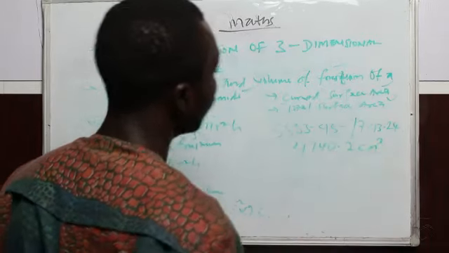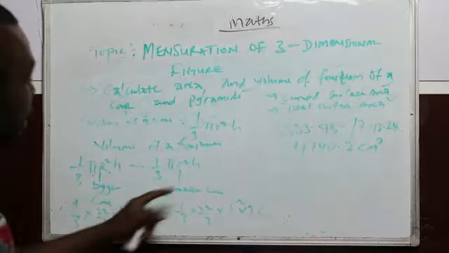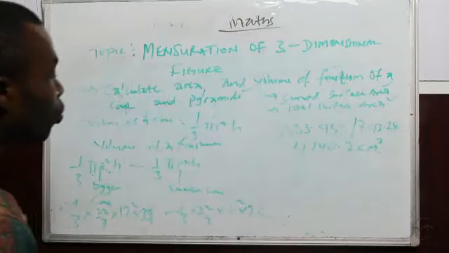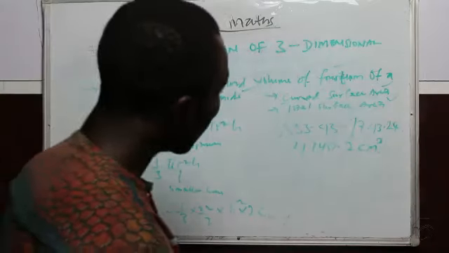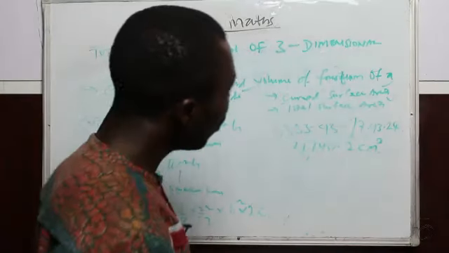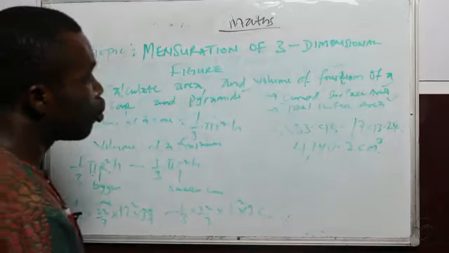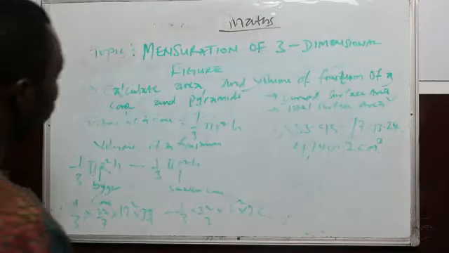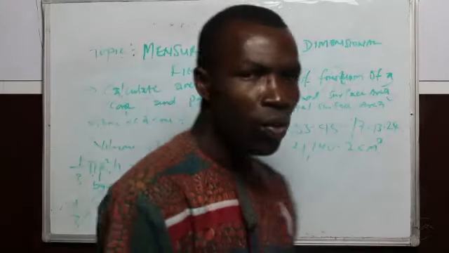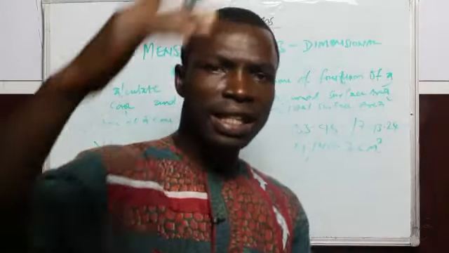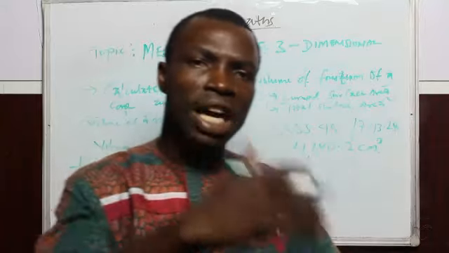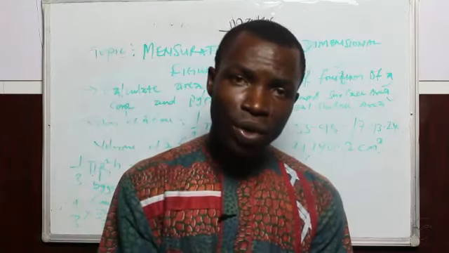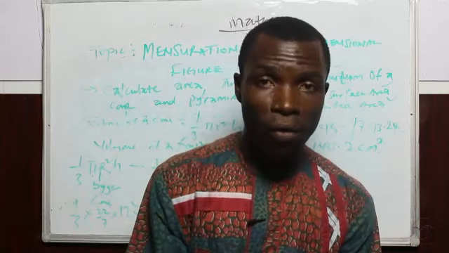Cubic centimeter, because we are dealing with volume here, its measurement is cubic centimeter. So we have 4,140.2 cubic centimeter. That's the volume of the frustum, when we extend the sides up to meet at the vertex to form the normal cone.